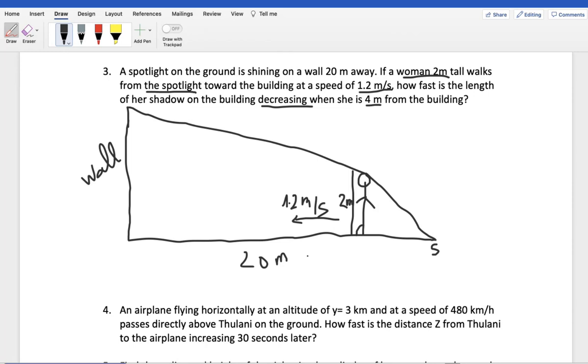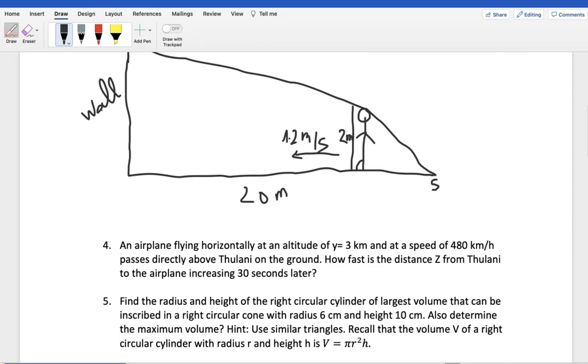So let's make some room at the bottom here.